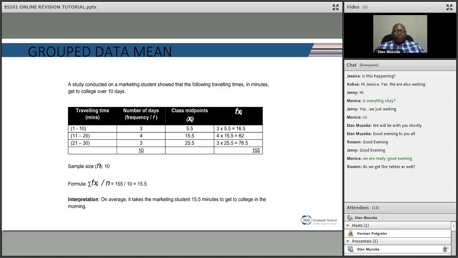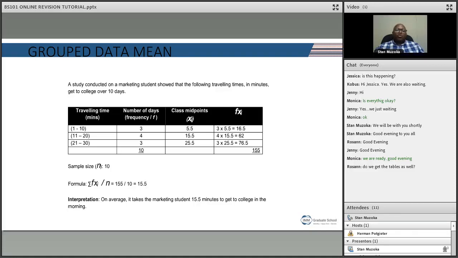So we add those up: 16.5 plus 62 plus 76.5, total is 155. So that is your summation fx.